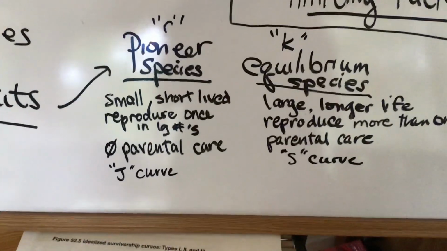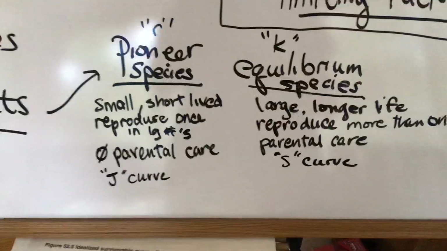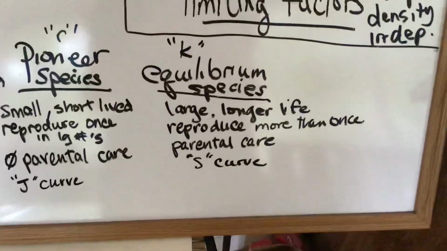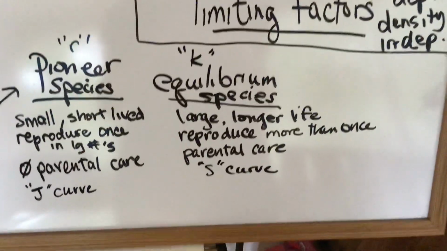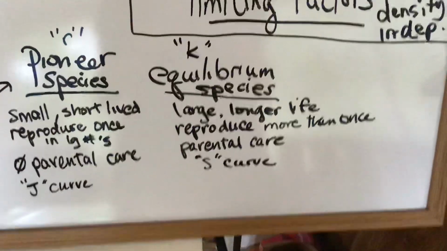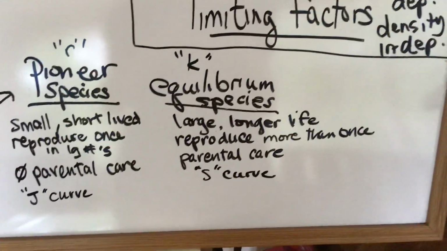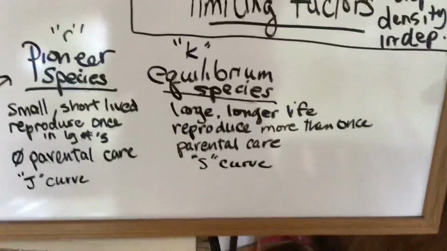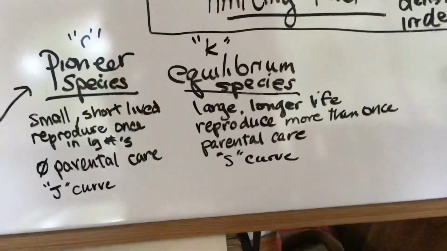And so they may just be like a seasonal kind of organism. As opposed to later on in an ecosystem, as it develops, you're going to get more equilibrium species. That is, species that are longer lived, they reproduce more than once because they live longer in their environment. They may have parental care. So those are typical types of mortality curves that you would have.